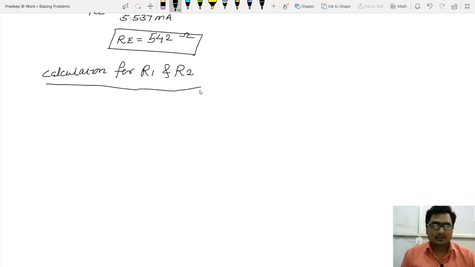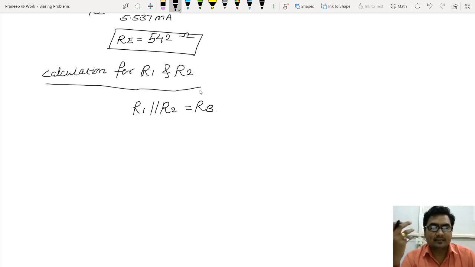While analyzing this voltage divider bias circuit, you remember we put R1 in parallel with R2 and referred to the combination as RB. So RB is the equivalent resistance when R1 and R2 are in parallel.